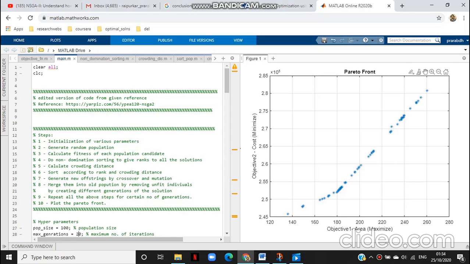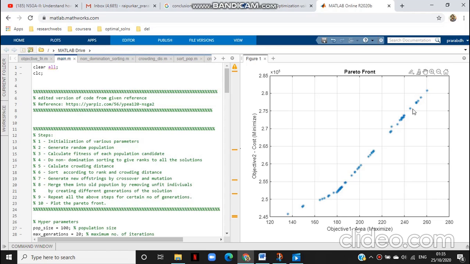So what it denotes is, this is X. X is the area that we have to maximize, and the second objective is the overall cost that we have to minimize. As you can see, this is bent towards the maximize side, and not bent towards the minimize side.